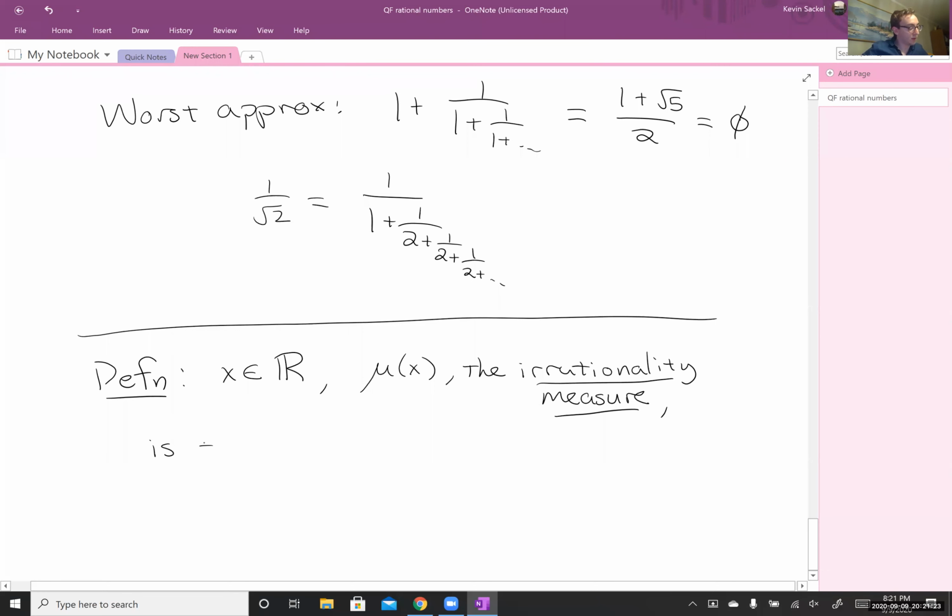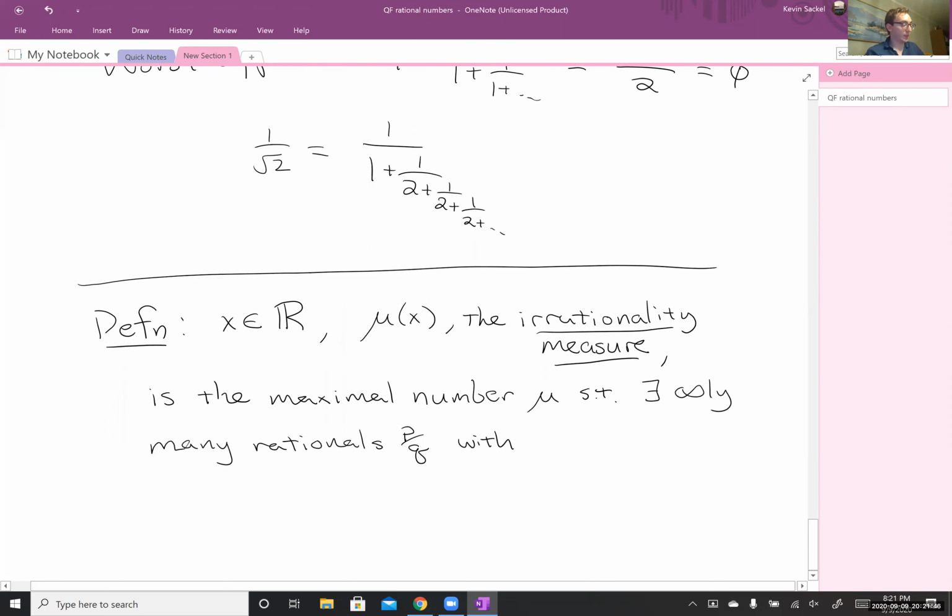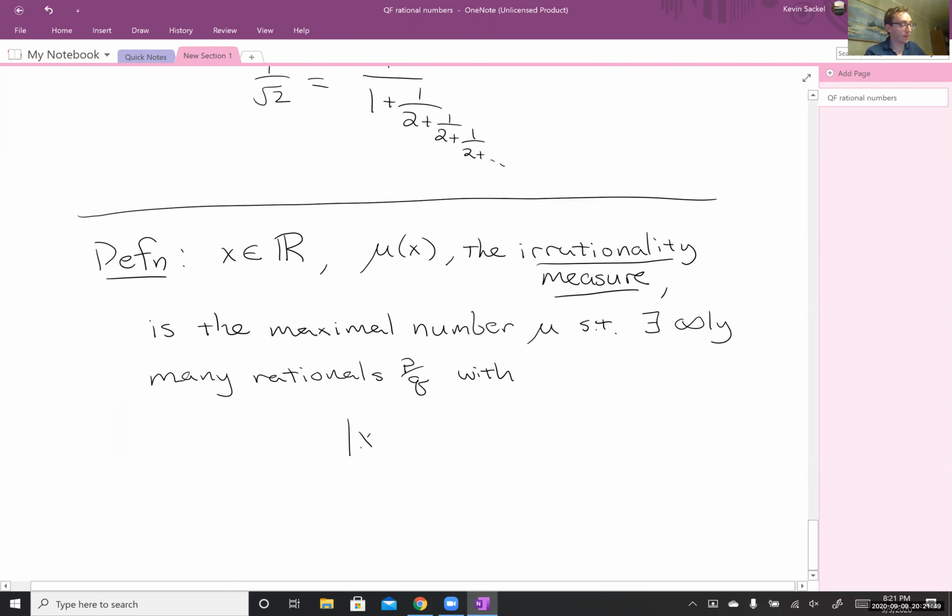It is the maximal number mu such that there exist infinitely many rational solutions p over q with x minus p over q between 0 and 1 over q to the mu.